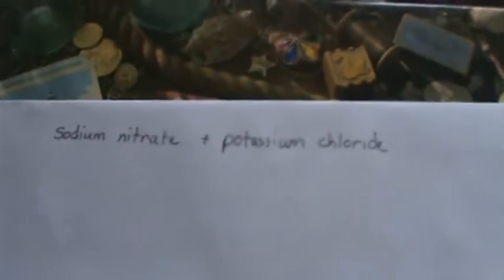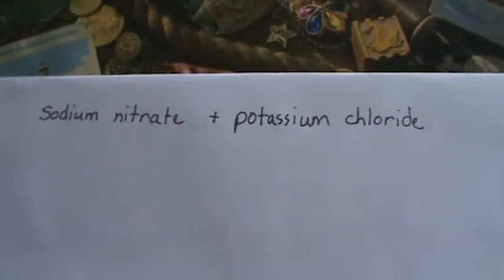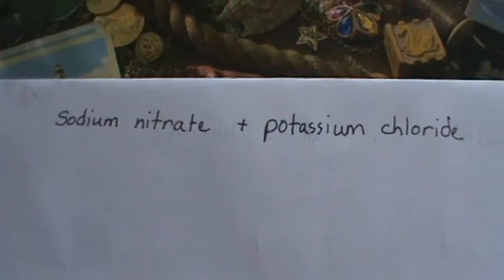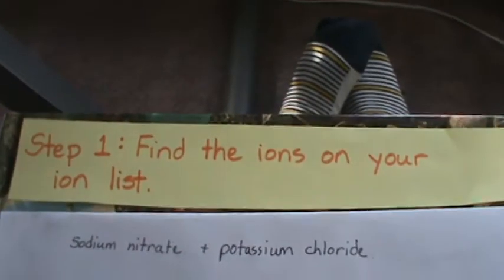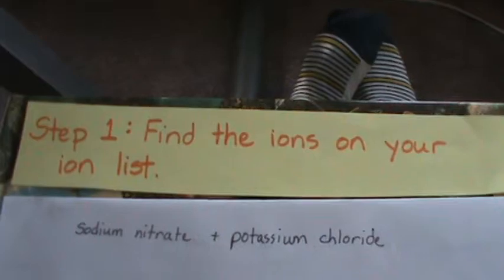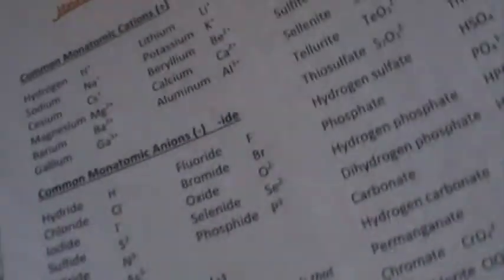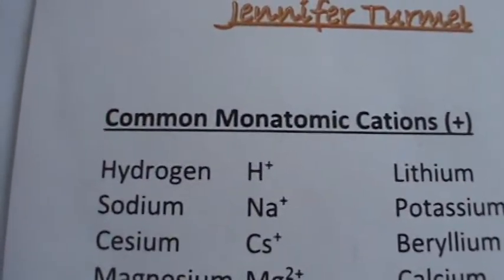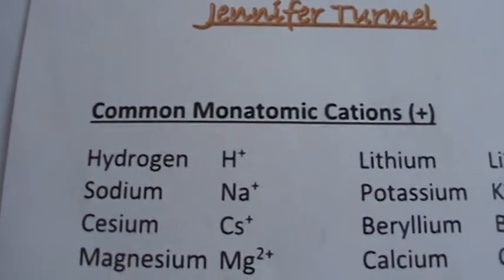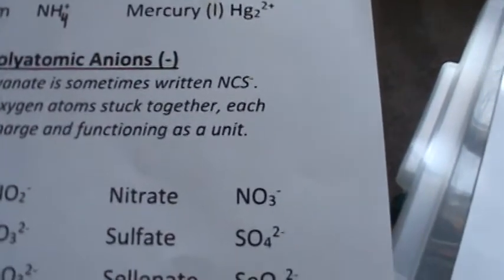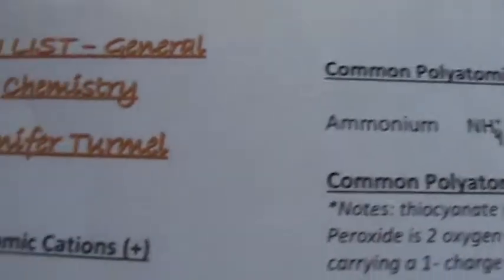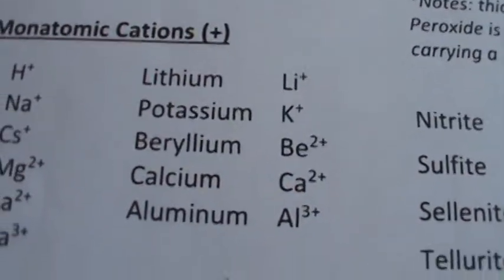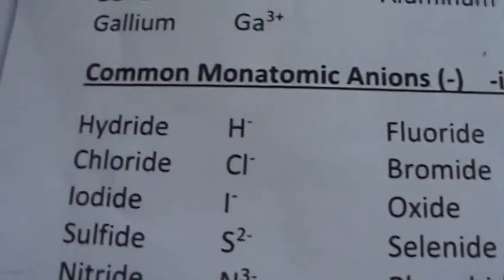Now the first one that you'll see up here, we have sodium nitrate and potassium chloride. So we're going to start by following our rules again. That first rule, step 1, find the ions on your ion list. And here I have sodium and nitrate and potassium, sorry, and chloride.